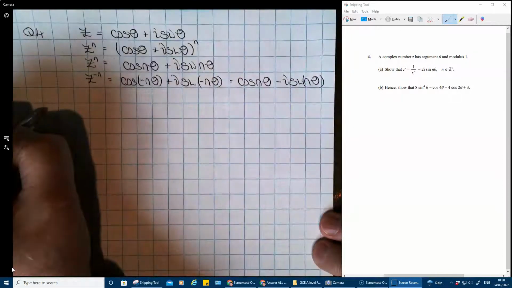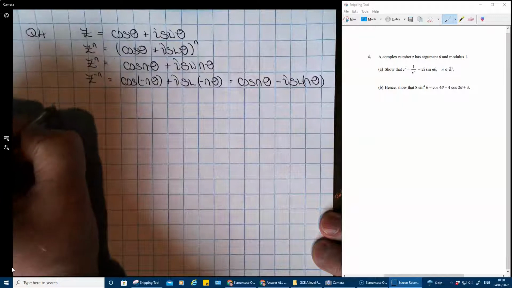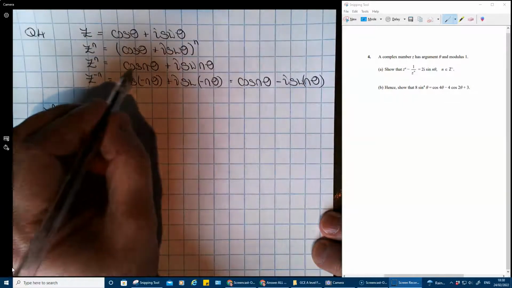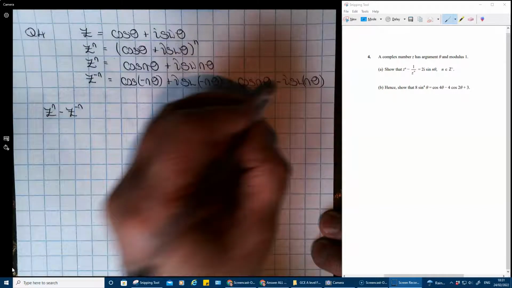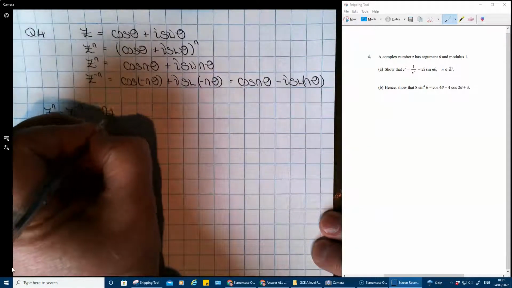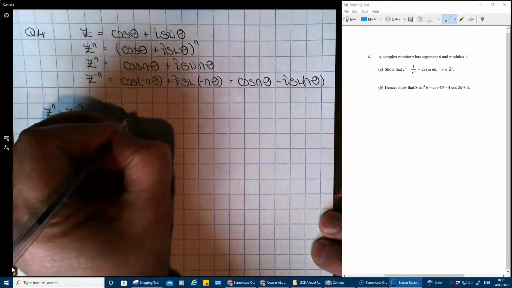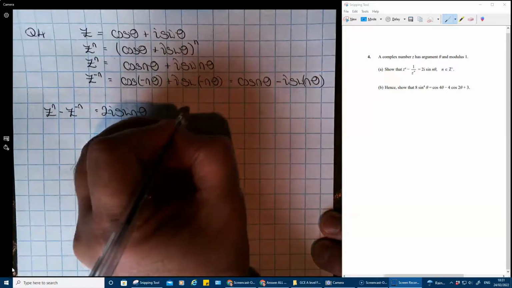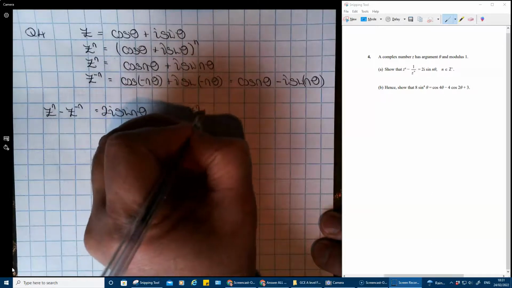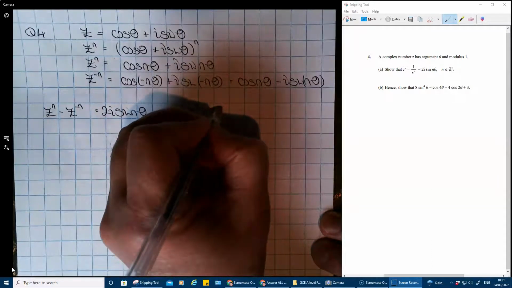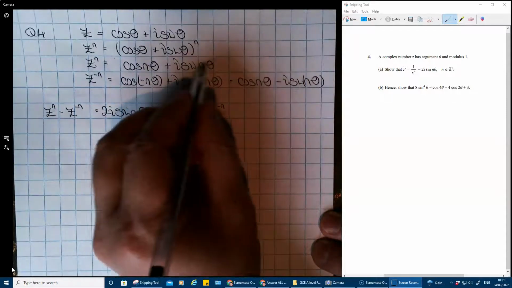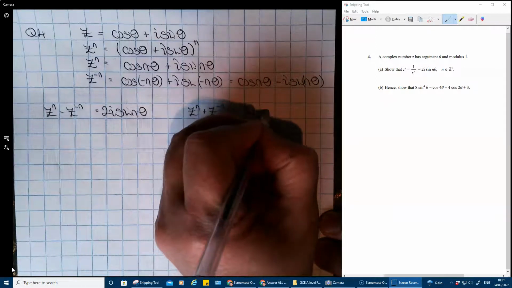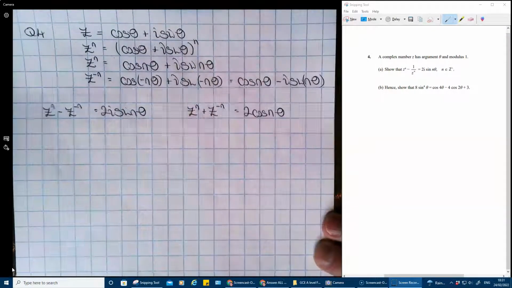So I now know that z to the n minus z to the minus n, the cosines will disappear. I get 2i sine n theta. And while I'm at it, because I'll need it later, z to the n plus z to the minus n, where the i components cancel, I get 2 cos n theta, which I'll need later as well.